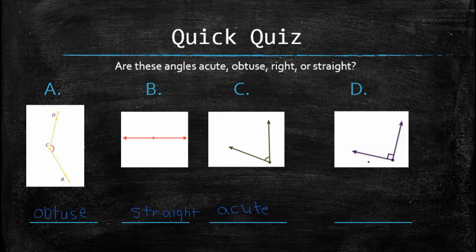And finally, we have this one, and we know by looking here, we've got that square there, and what did we say before? We said that that is a right angle, which is 90 degrees exactly. So I hope that you got all of those correct. If not, let me know and we'll go through it again.